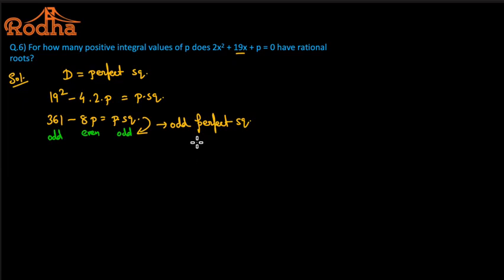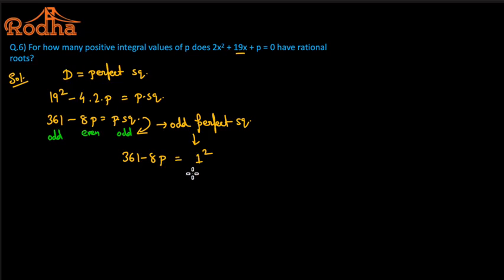Okay. So how many perfect squares are possible? I am looking for odd perfect squares. So 361 minus 8p can be equal to 1 square. In that case I'll get some value of p.